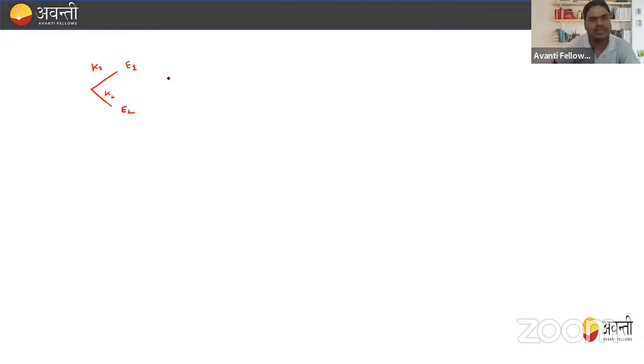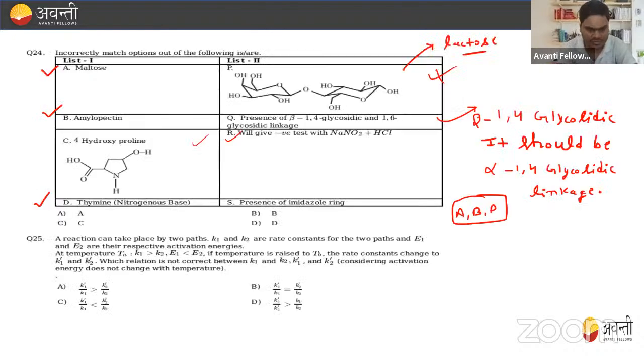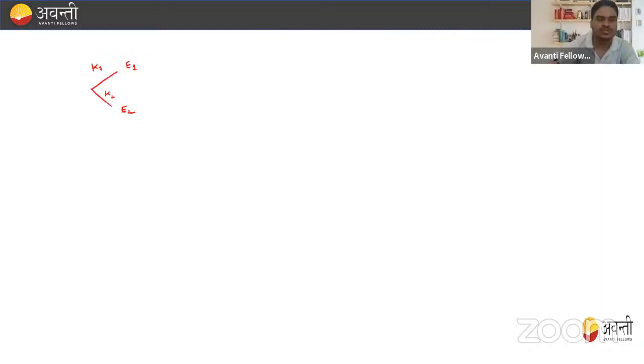If it takes place through K1, its activation energy is E1, and if it takes place through K2, its activation energy is E2. At temperature TA, K1 is greater than K2 and E1 is less than E2.